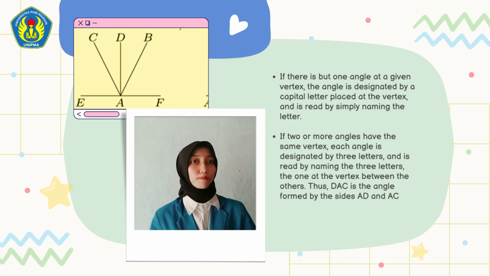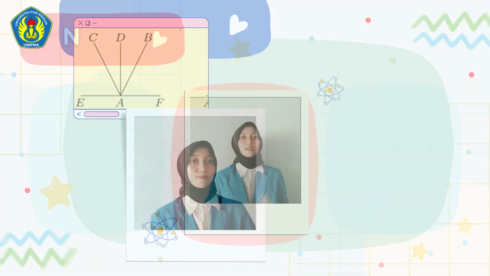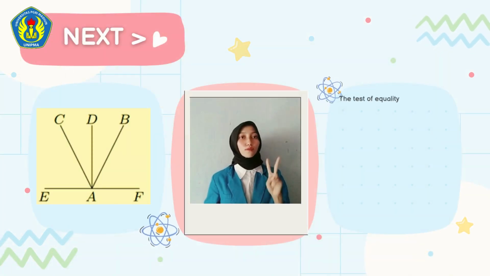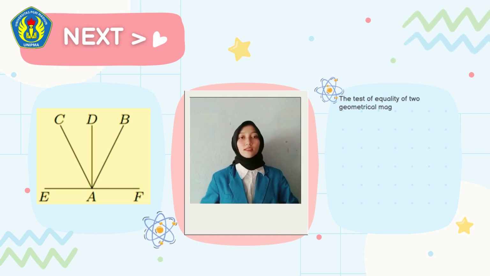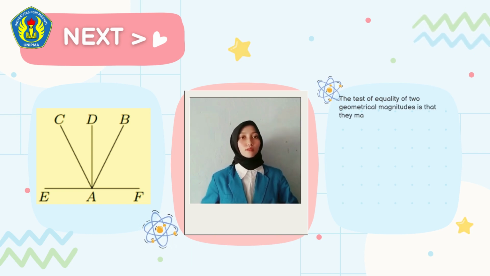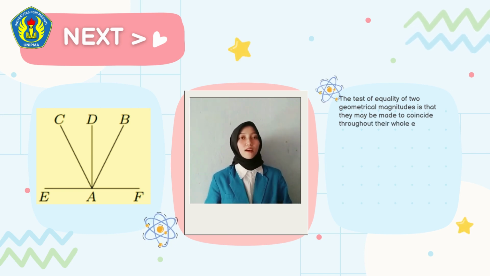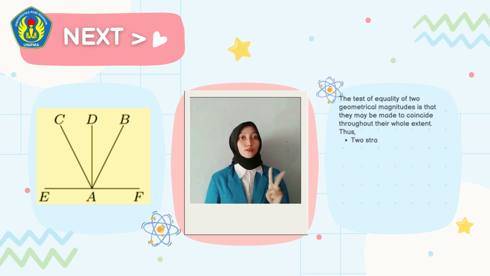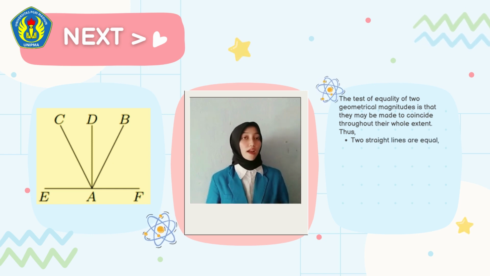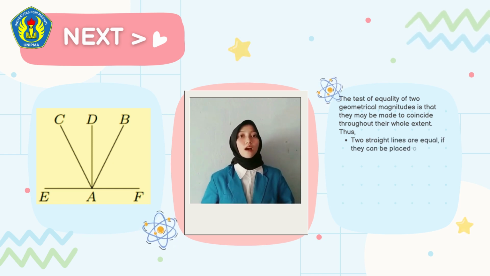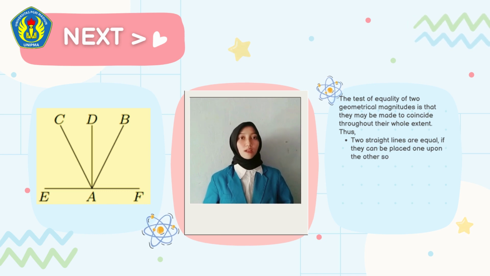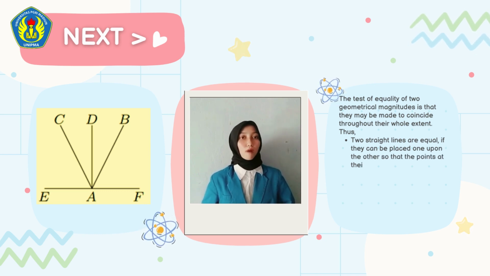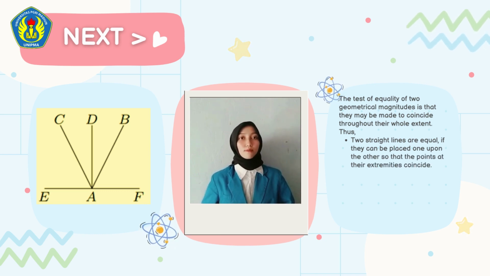The test of equality of two geometrical magnitudes is that they may be made to coincide throughout their whole extent. Thus, two straight lines are equal if they can be placed one upon the other so that the points at their extremes coincide.